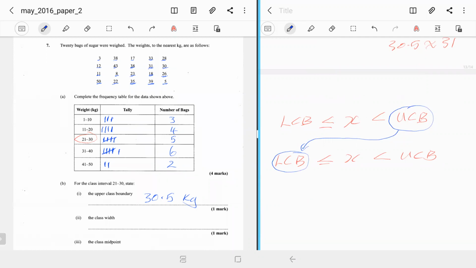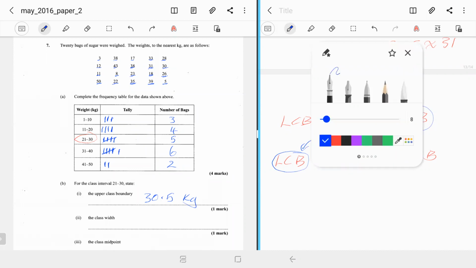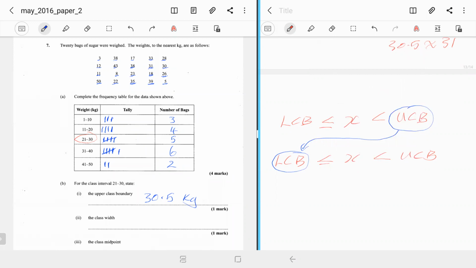The upper class boundary of one group is the lower class boundary of the next group. So we can say, upper class boundary, first group. This is the second group now. The upper class boundary of the first group is equal to the lower class boundary of the second group, the group following it.